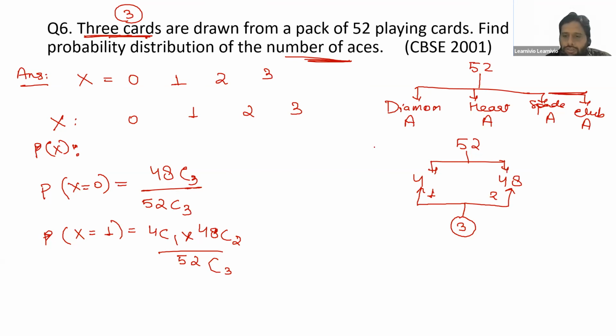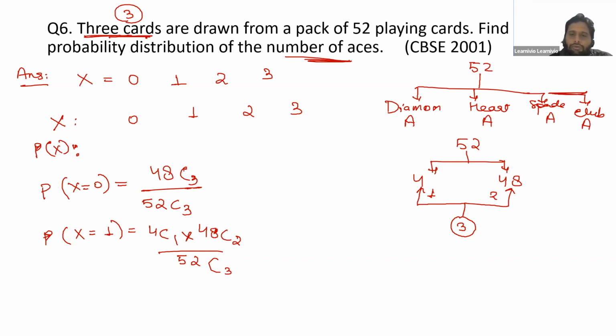Use the combination method, because when you are drawing a single ball or a single card, the direct formula and the combination formula give you the same answer. That's why you will not face any issue. But whenever you are drawing more than one ball or card, it will give you an incorrect answer if you do it directly. So the best thing is always use combination so that there is no chance of making a mistake.